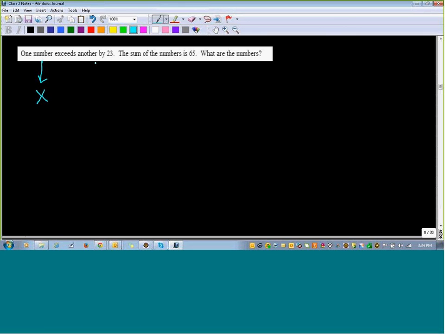I can even remove all the x's and just treat this as a problem. One number exceeds another; a number that exceeds this one by 23 would have been x plus 23, right? That's it. Let's solve: x plus x plus 23.